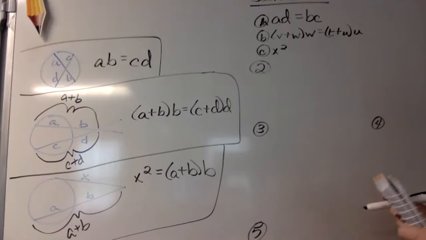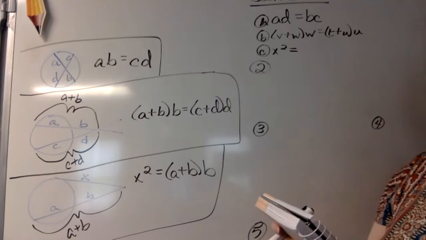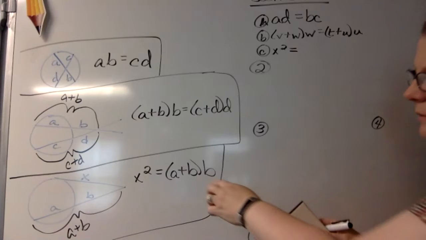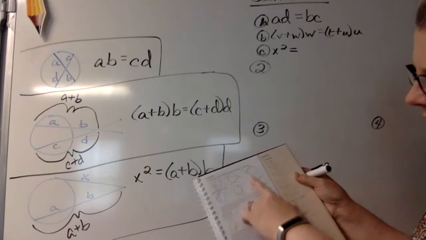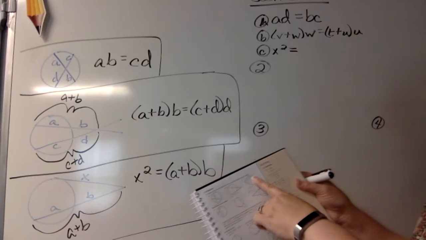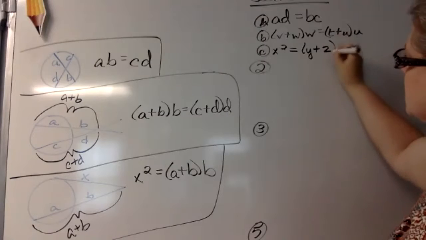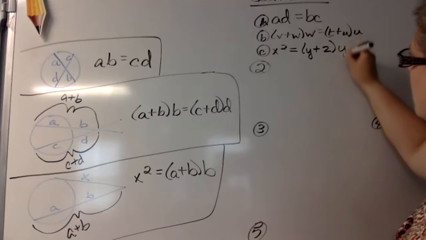So I have x squared equals, and then for the other part, we're going to do like we did here. You take the entire secant times the piece of the secant that's outside. So the entire secant is y plus z on the top, and then the piece of the secant that was outside of the circle was the y.